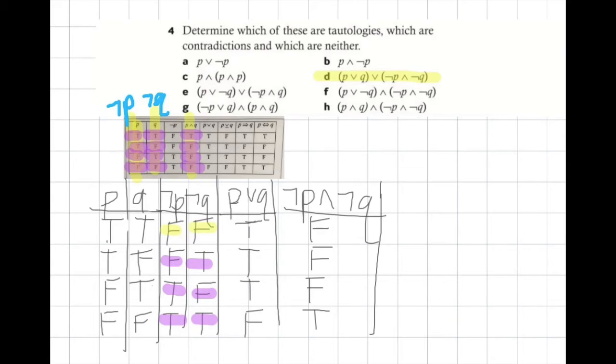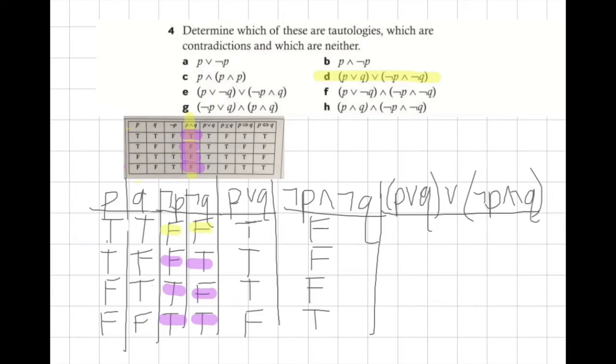Okay, then our final statement is to combine these into an OR. So P or Q, or not P and not Q. Sorry, it's a little sloppy. Okay, so then we're looking at the OR statement.